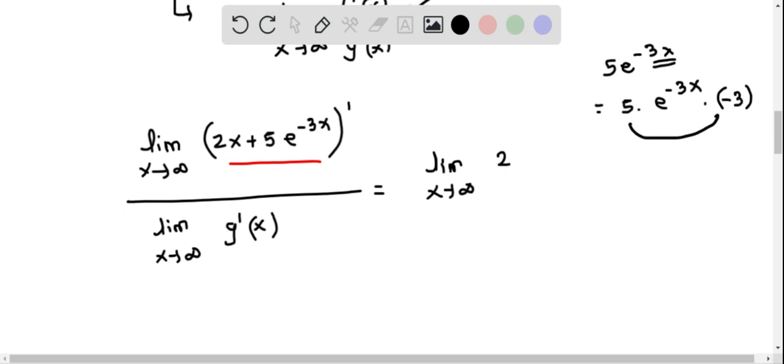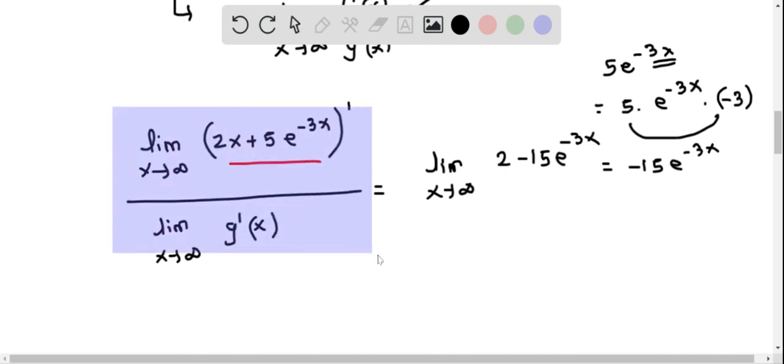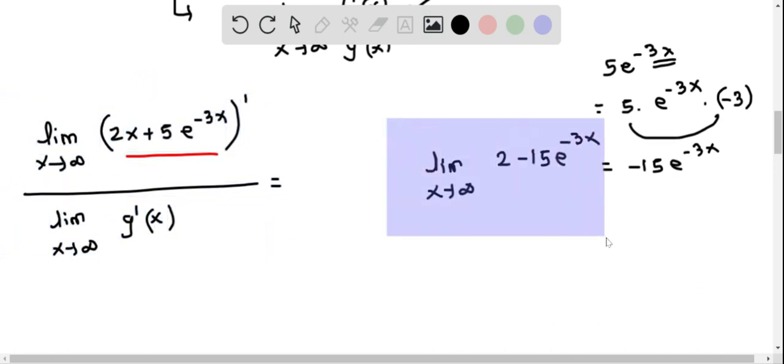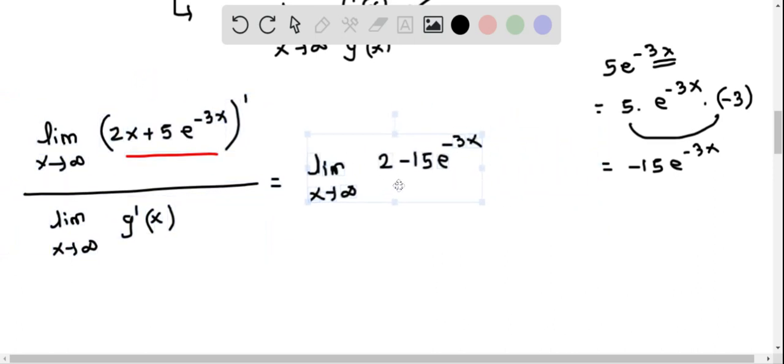So 5 times negative 3 is negative 15, and then e raised to the power of negative 3x. So the derivative of 5 e power negative 3x is negative 15 e raised to the power of negative 3x. Let me put this to the right so we will have a better view.